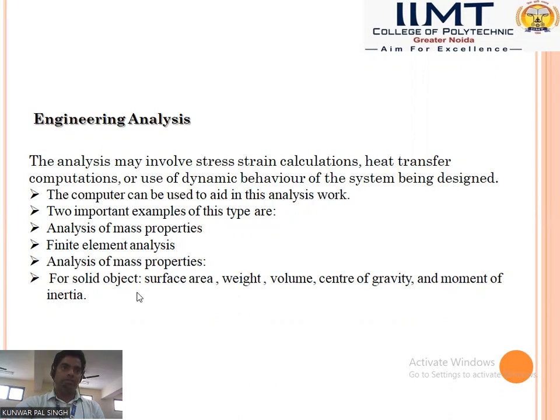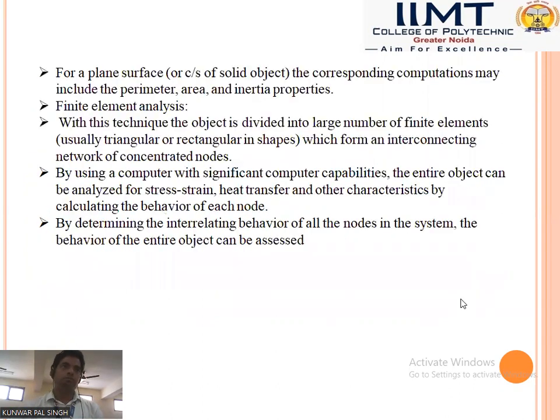In the analysis of mass properties we use the surface area, weight, volume, center of gravity, and moment of inertia. For the plane surface, the corresponding computation may include parameters like area and inertia properties. In the finite element method analysis, with this technique, the object is divided into a large number of finite elements, which form an interconnecting network by connecting nodes.